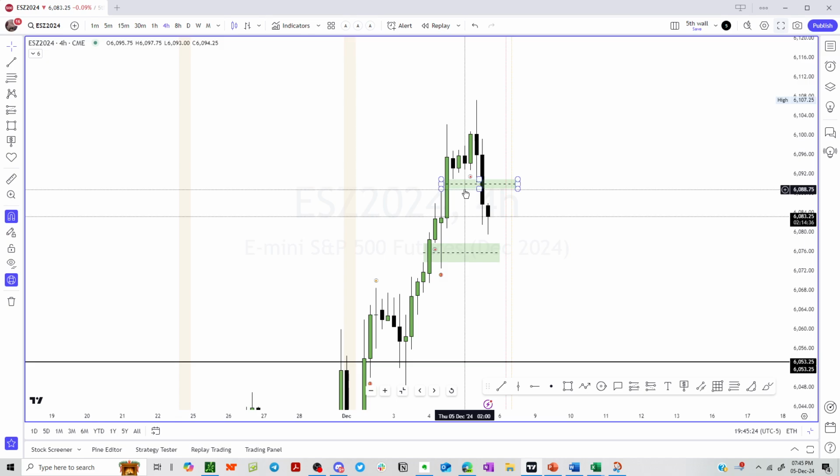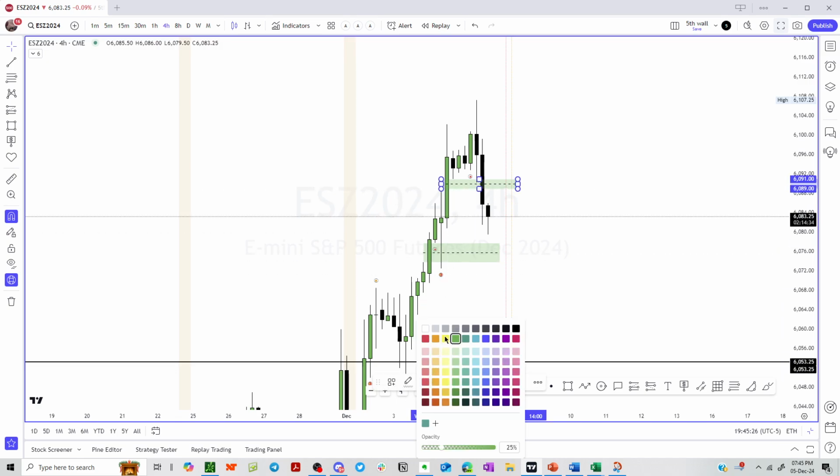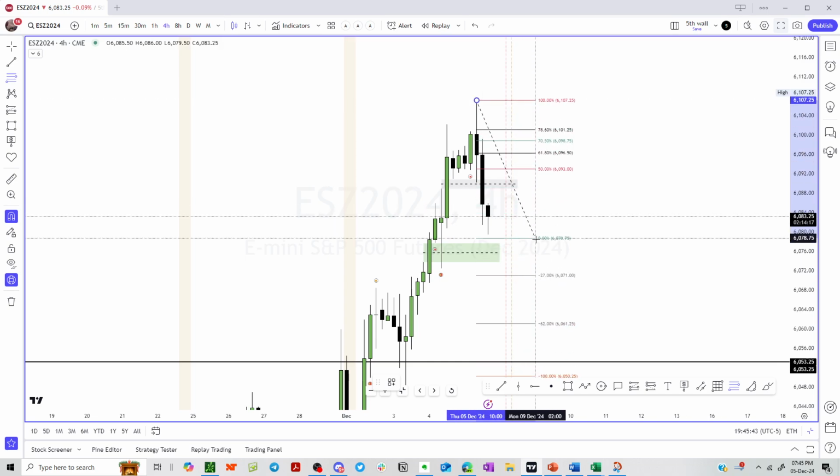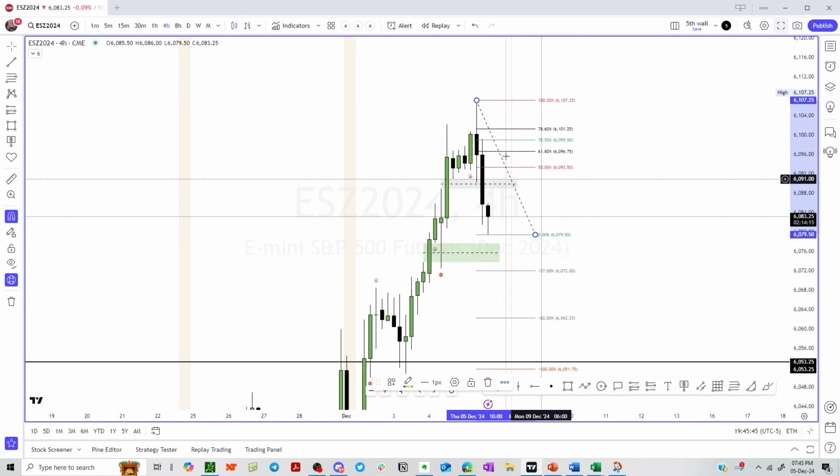What this is now is an inverted fair value gap, so if I were bullish, it would need to hold above this imbalance, because this was used as support, and then it fell with strength. Ideally, as it stands right now, this would be the range.